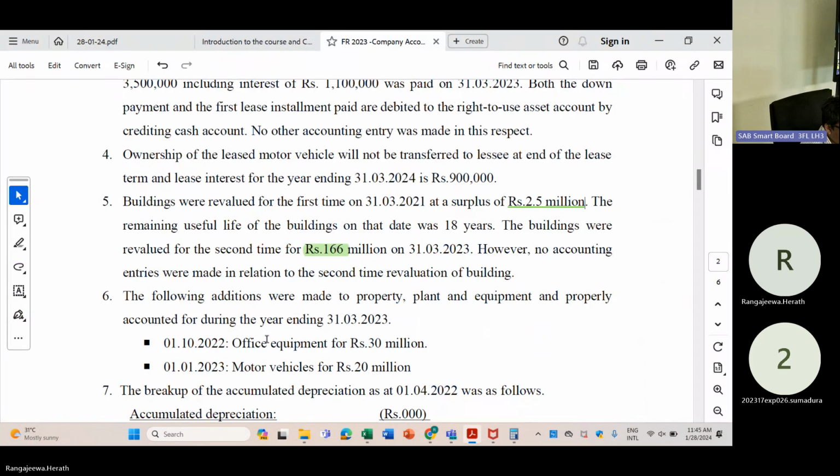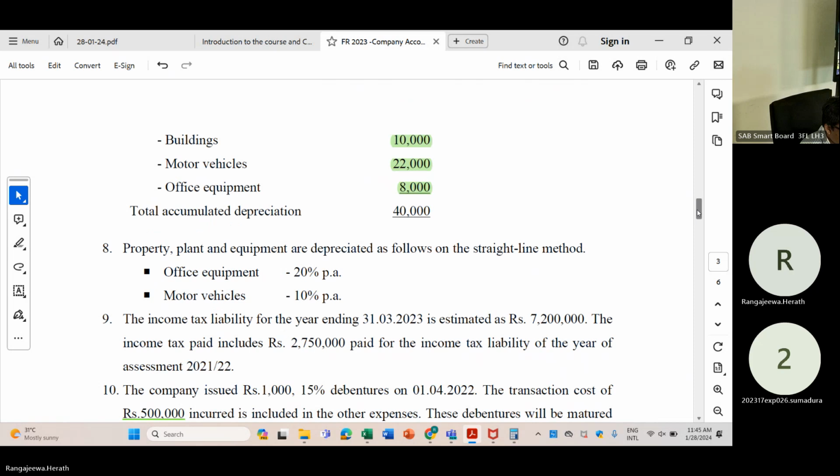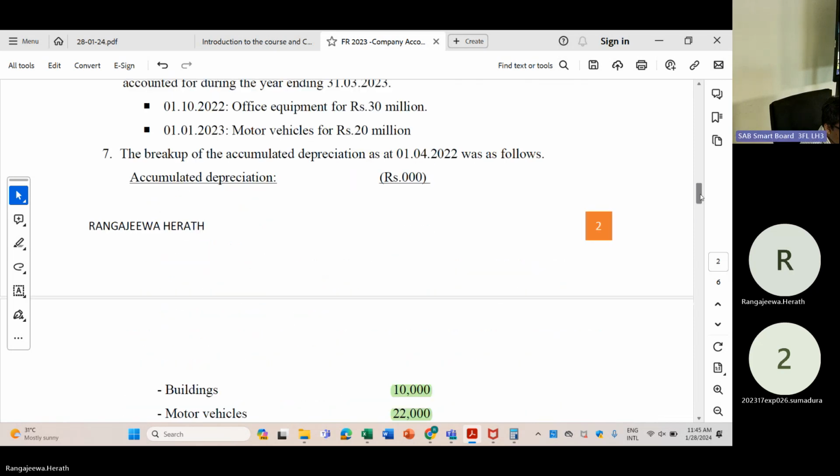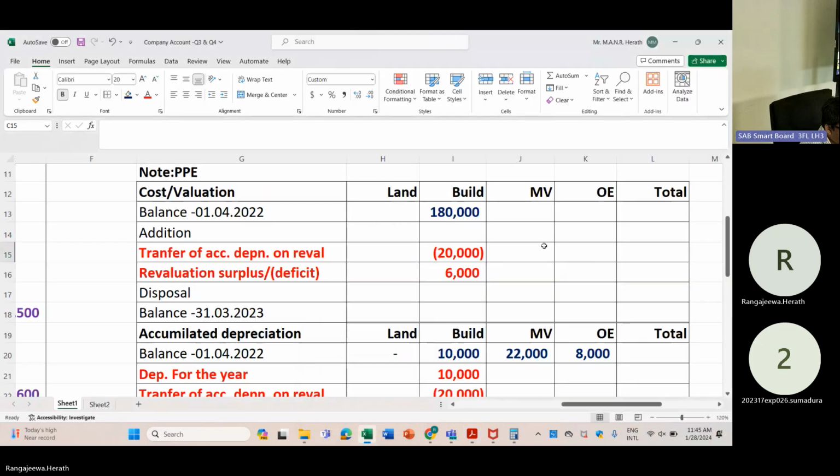Then additions were made for office equipment and motor vehicle: office equipment 30,000, motor vehicle 20,000 added, which are properly accounted. But this is given to complete the PP note.